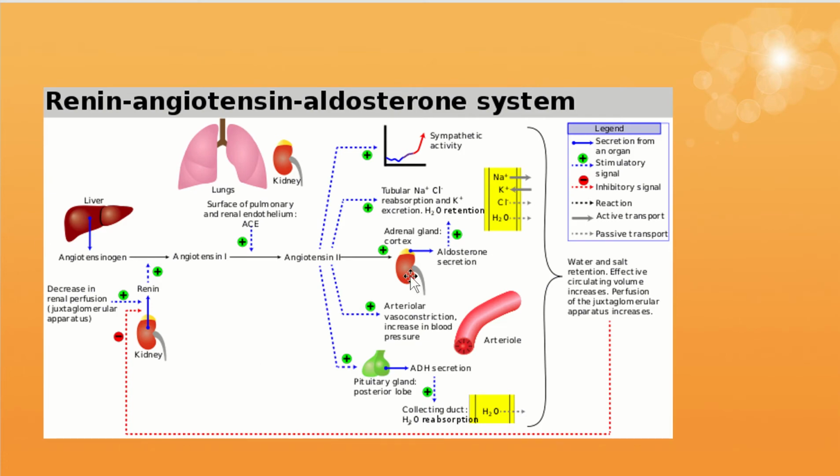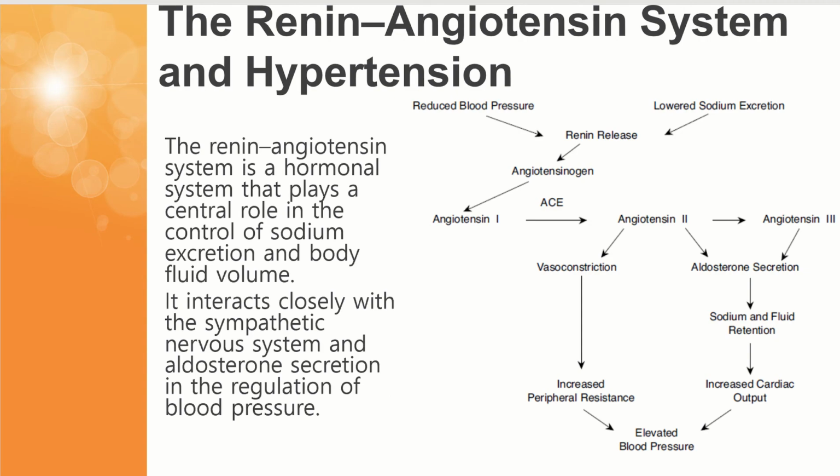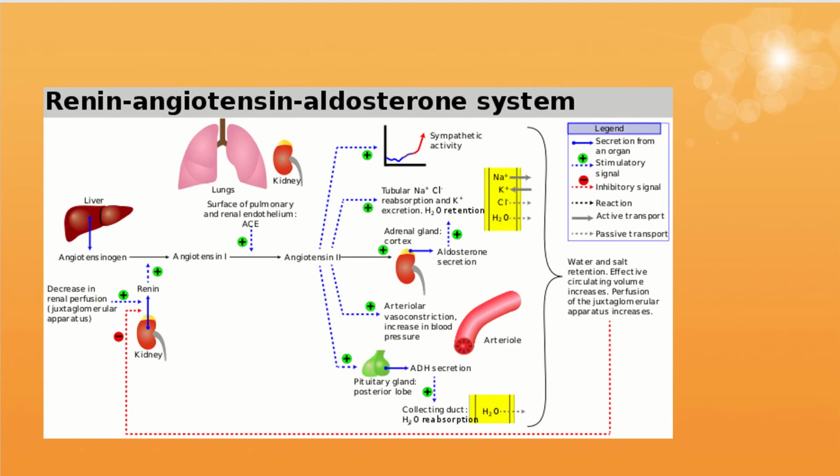So here, we have the adrenal gland cortex secreting aldosterone as a result of stimulation from angiotensin 2 and all of the effects that we just spoke about with regards to sodium and fluid retention happening, and we're just seeing a nicer image of this process happening.